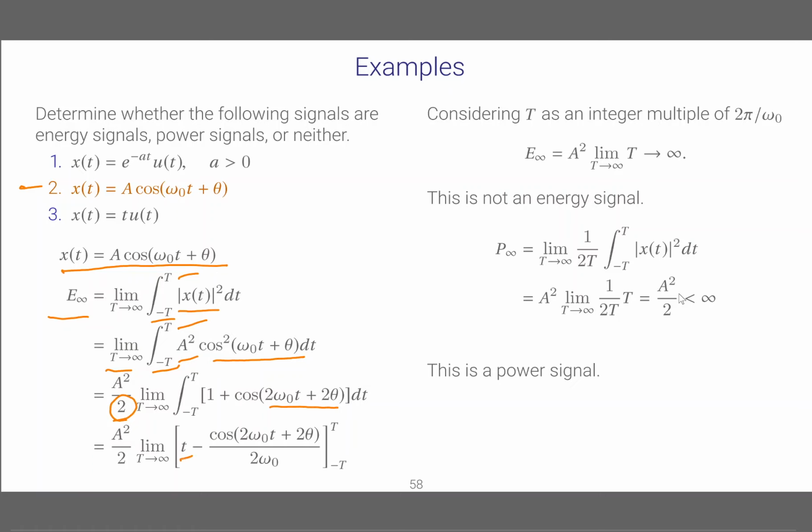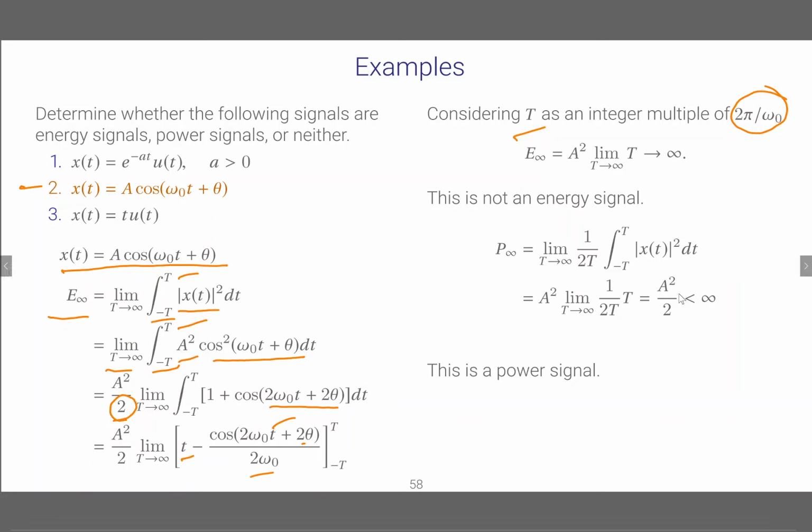So t plus sin(2 omega naught t plus 2 theta) divided by 2 omega naught. Then let's consider T for convenience as an integer multiple of 2 pi by omega naught. You put 2 pi by omega naught here, so that part gets subtracted off because of the property of the cosine.